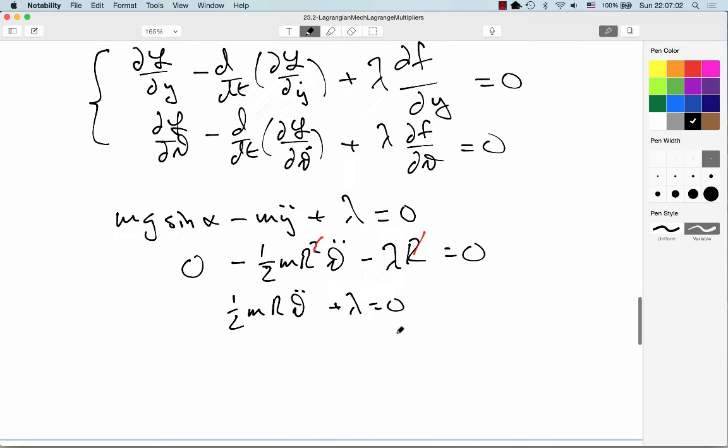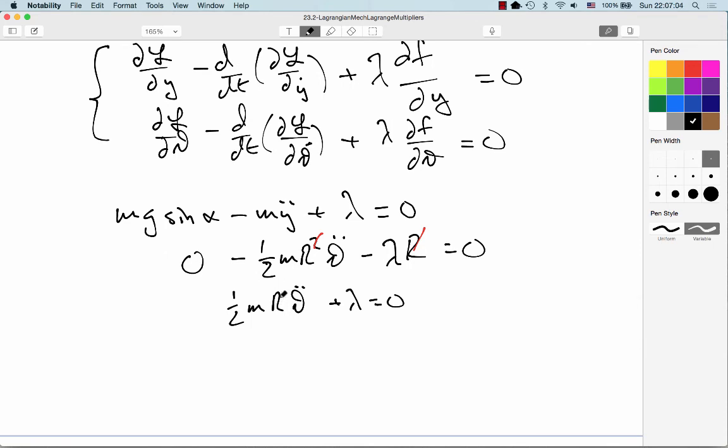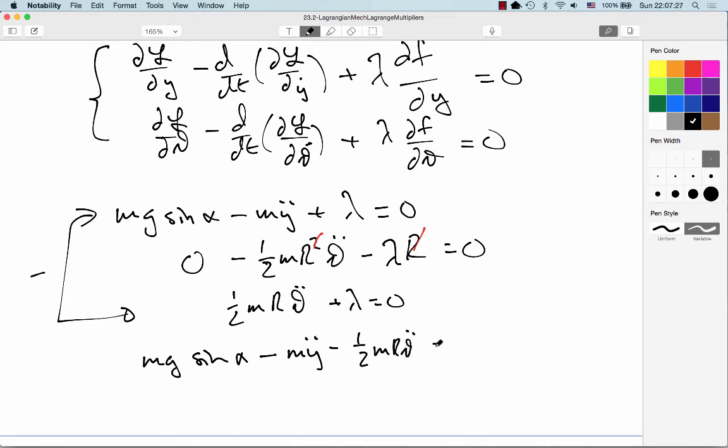So that's that. And then from here, I'm just trying to eliminate the Lagrange multiplier. So if I subtract these guys here, I'll get mg sine alpha minus, okay, I'll have m y double dot minus 1/2 m r theta double dot equals 0.